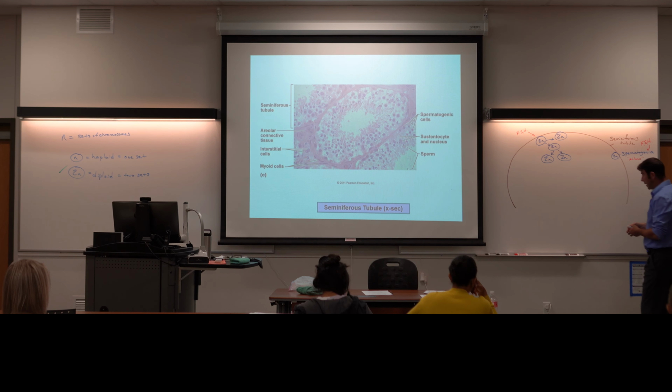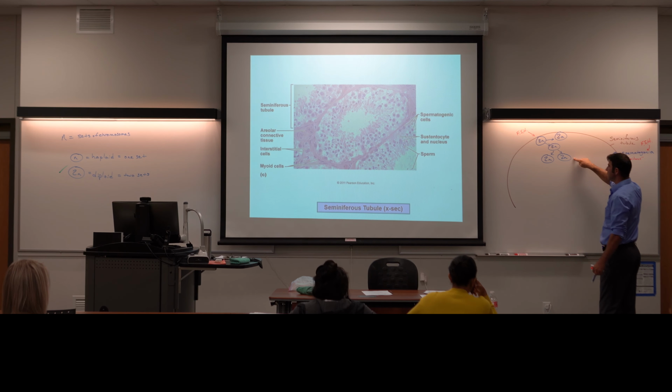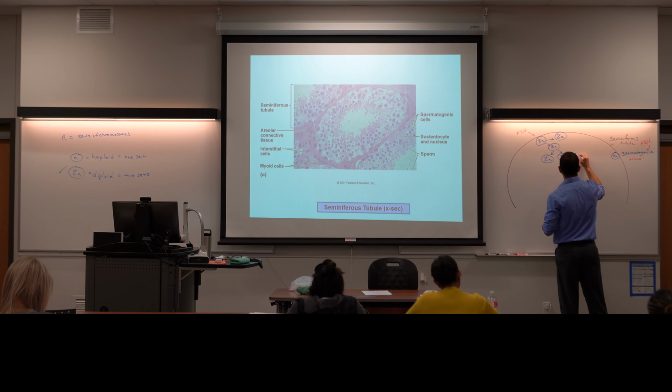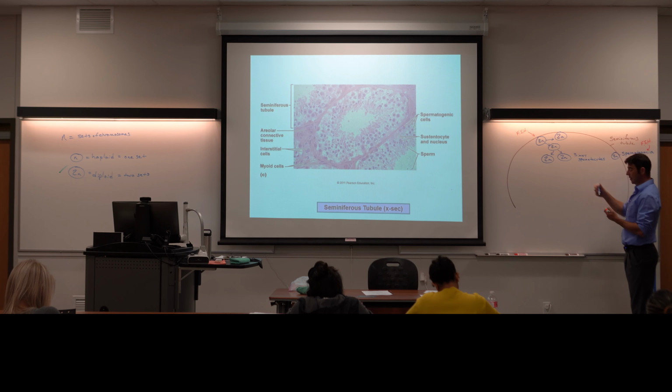But what's about to happen is that the next division of these spermatogonia gives cells a different name. We're going to call these primary spermatocytes. Primary spermatocytes are still diploid cells, so the immune system says no problem with those.